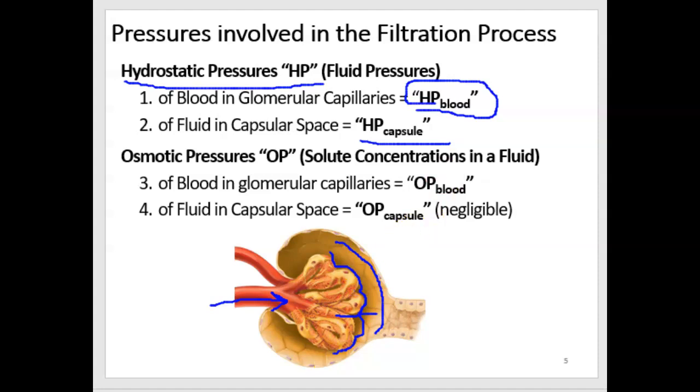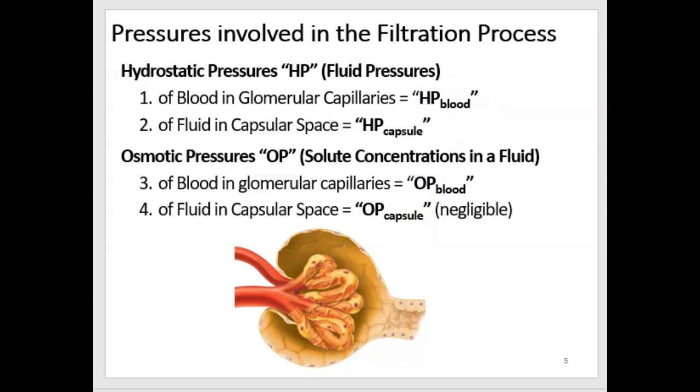So we have pressure of fluid, but then we also have this sort of chemical pressure or solute concentrations that produce a movement, a pressure, a force. And this is called osmotic pressure. And we've talked about osmotic pressure in the blood already.